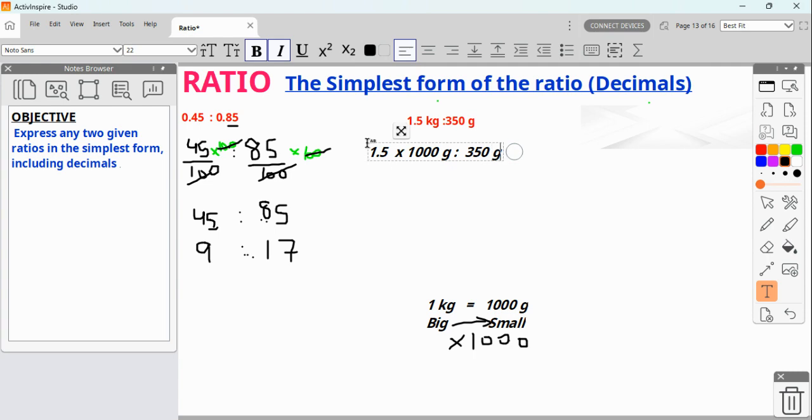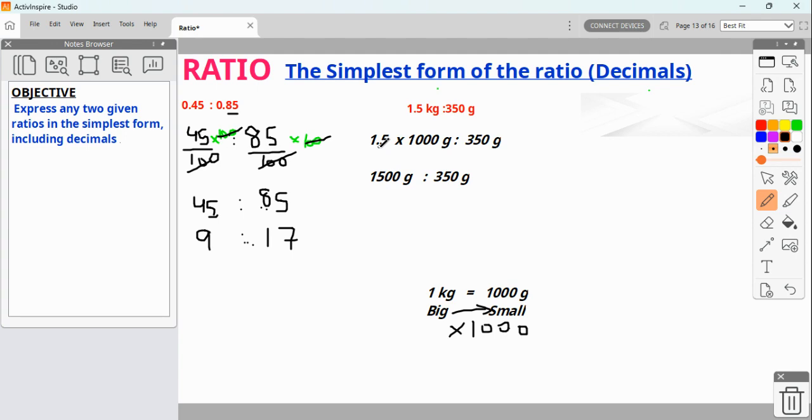I'll copy it down as it is, no change in it. So when we multiply 1.5 by 1000, it will become 1500 gram, ratio 350 gram.